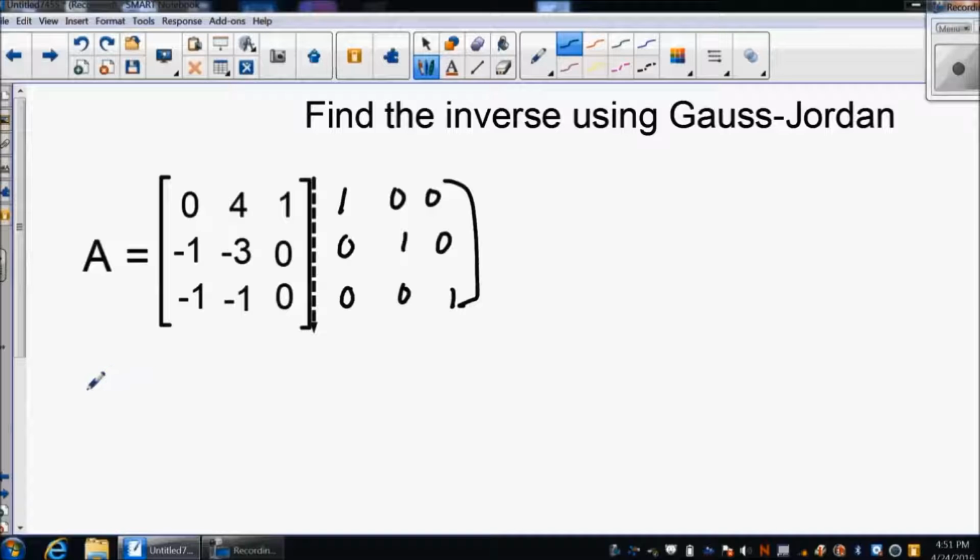I'm going to create R1 equal to current R3, and R3 equal to current R1. And that then produces this.